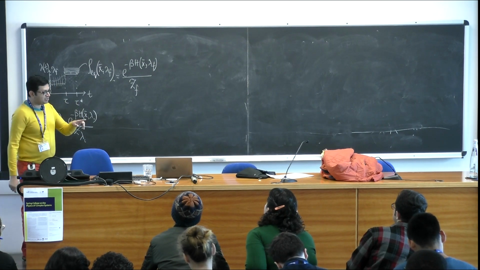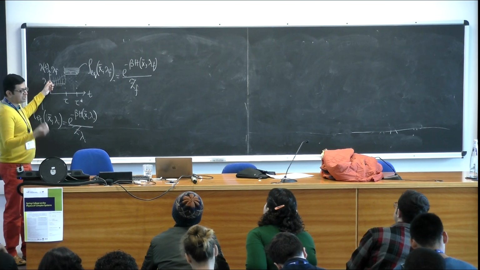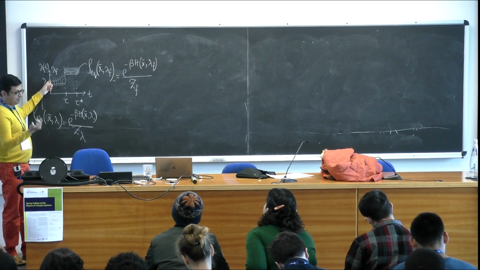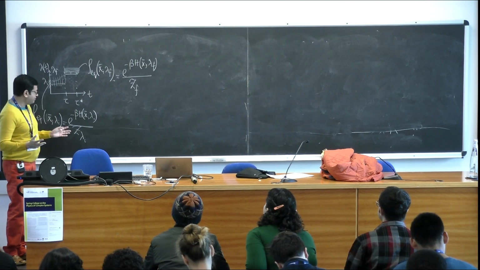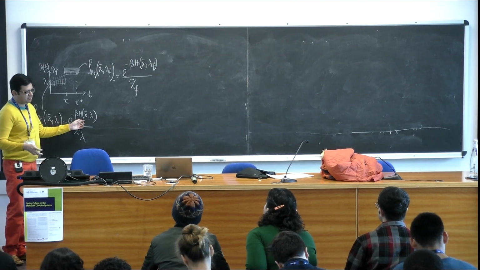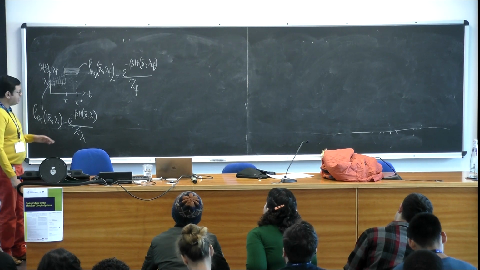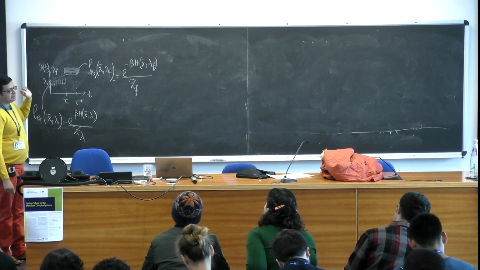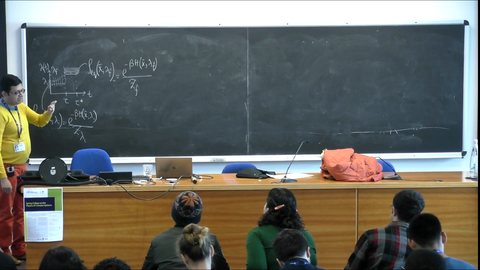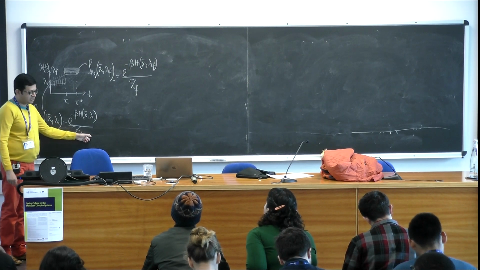I still have one source of randomness, which is that the initial condition is not fixed. It is not one microscopic configuration. It is any microscopic configuration sampled from this distribution. So if I repeat this experiment over and over again, I will still get a probability distribution for W, because the initial state is not fixed. It is not one point. In the phase space, I have many points and they are all distributed with this distribution.